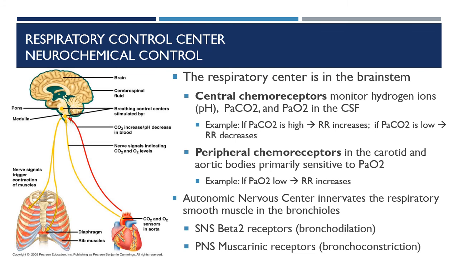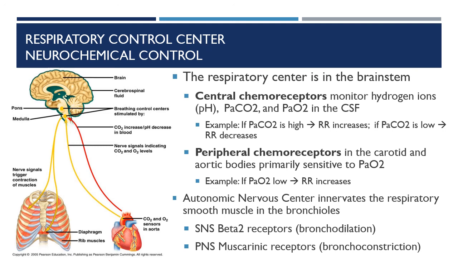And that lowers the CO2 level in the bloodstream, and the respiratory rate goes back to normal. Okay, and that's exactly what we do with a ventilator. If someone's on a ventilator and we notice that their CO2 in their bloodstream is starting to climb, all we need to do is increase the respiratory rate a bit, and they breathe off more CO2. The CO2 goes down in the bloodstream.